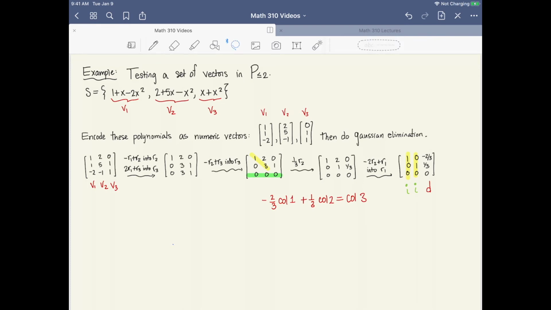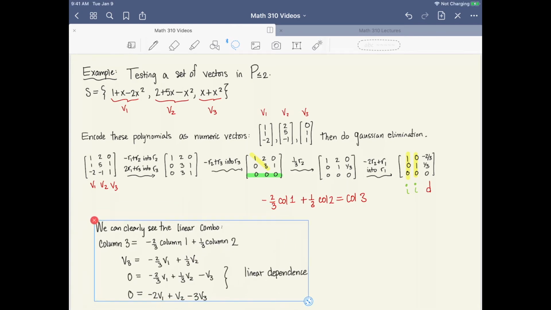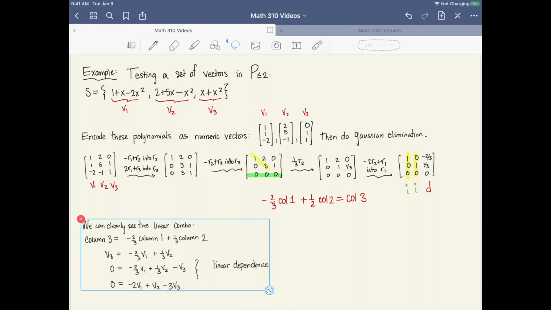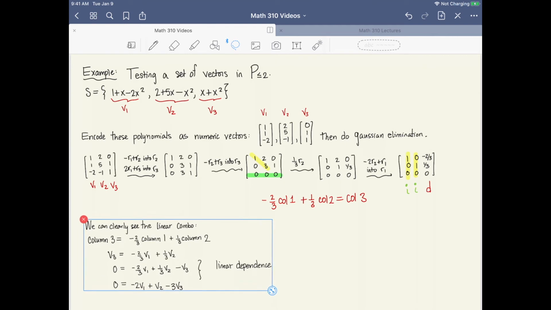There's various ways of rewriting this dependency that you see in the matrix. We have it written here as column 3 in terms of column 1 and column 2. And if we take that, we can then write the linear combination of v1, v2, and v3 that gives us the 0 vector. This is the definition of linear dependence: there is a non-trivial combination of these 3 vectors giving you the 0 vector, which tells you that they are a linearly dependent set.